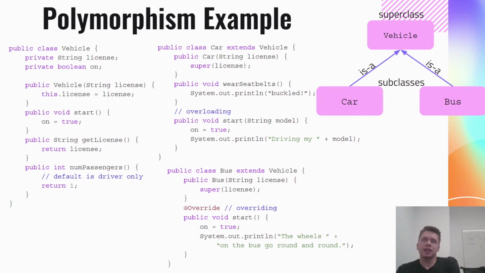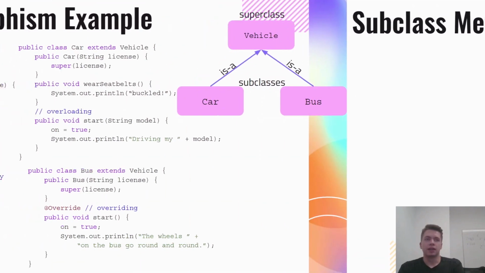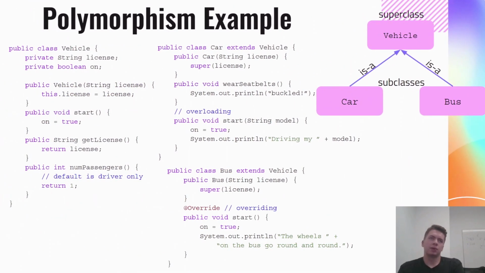We introduce a second start method inside of Car that takes a single String model parameter, which in addition to setting on to true, we're also printing "driving my" and then whatever the given model is. And inside of Bus, we see an example of overriding an existing method. So instead of simply turning on to true, our Bus's start method without parameters will set on to true, as well as print "the wheels on the bus go round and round." Very cool.